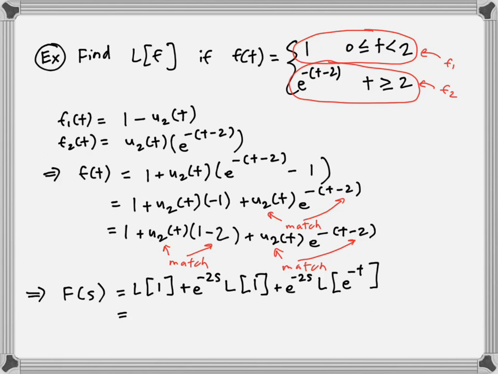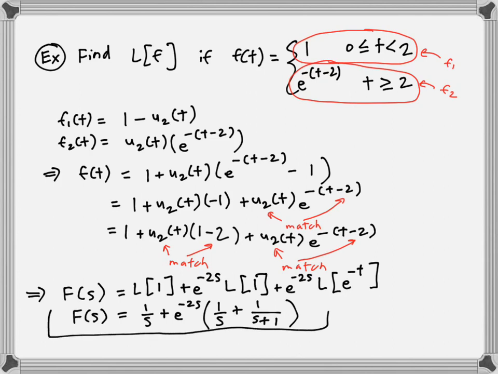Well, the Laplace of 1 is 1 over s, right? So it's going to be 1 over s plus, and since they both have an e to the negative 2s, let me factor it out. The Laplace of 1 is 1 over s plus, and what's the Laplace of e to the negative t? If you recall, that's going to be 1 over s plus 1 if we use our table to remind us. So this is our Laplace of the function.